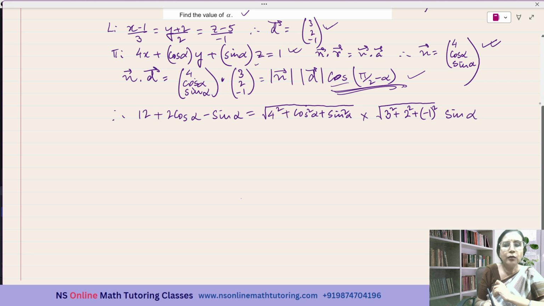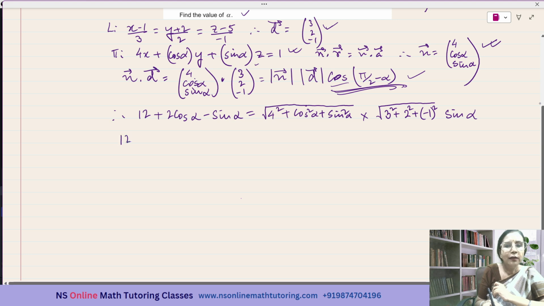So this is equal to 12 plus 2 cos alpha minus sine alpha equal to, 4 squared is 16 and cos squared alpha plus sine squared alpha is 1, so 16 plus 1 will be 17.